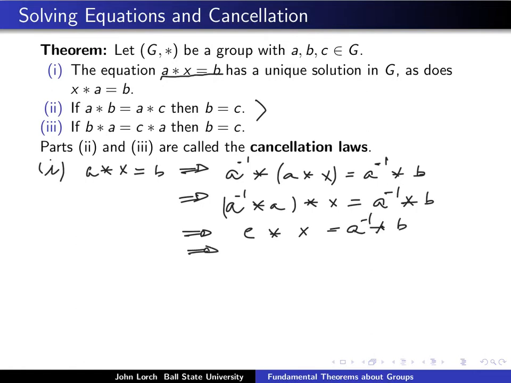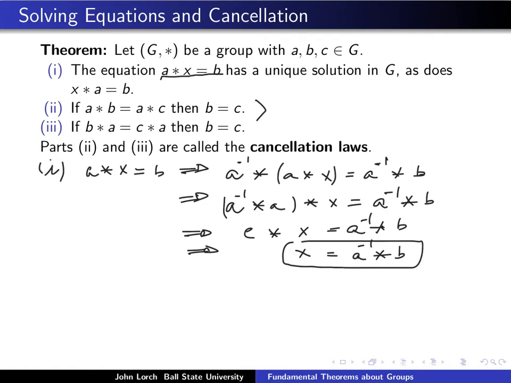And then we know that the identity leaves elements unchanged under multiplication. So that tells us that X is A inverse times B. And that's the only value that X can have.